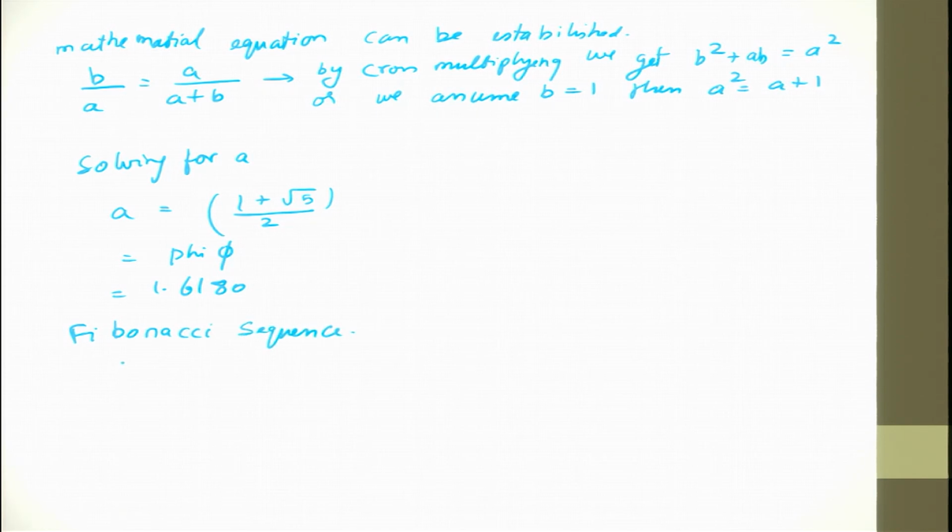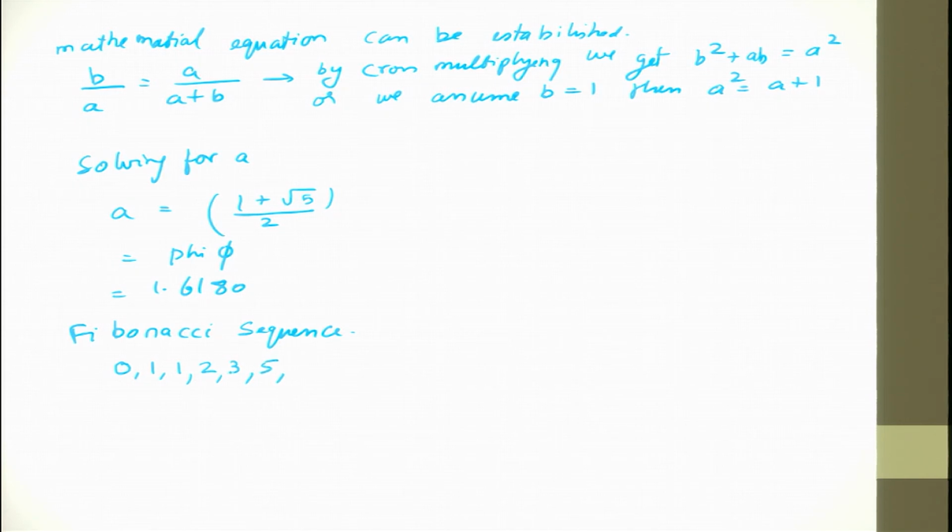In that you take two numbers, and when you add these two numbers, you form the next number. So, 0, 1, 0 plus 1 is 1. Next is 1 plus 1, which becomes 2, then 2 plus 1 becomes 3, then 3 plus 2 becomes 5.